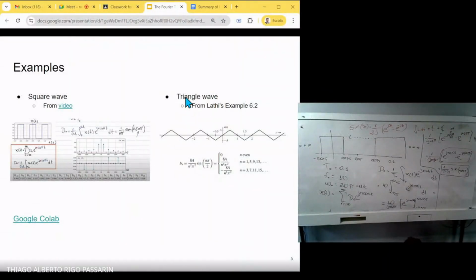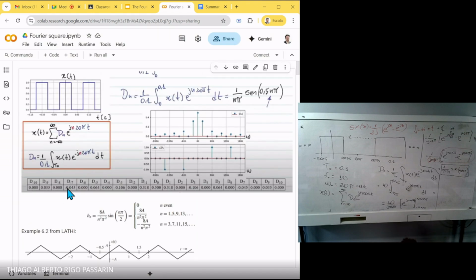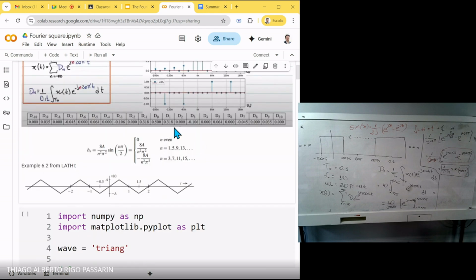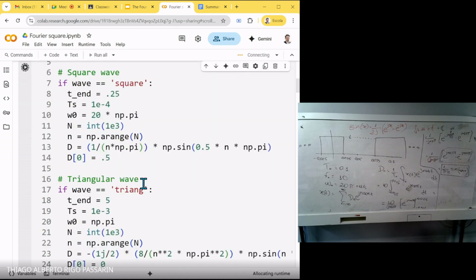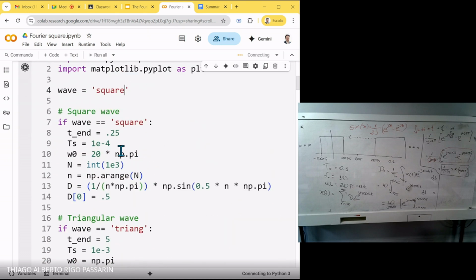So let's go to the code. I did it previously, so we don't waste too much time. I did it for both cases, so we are with the square.